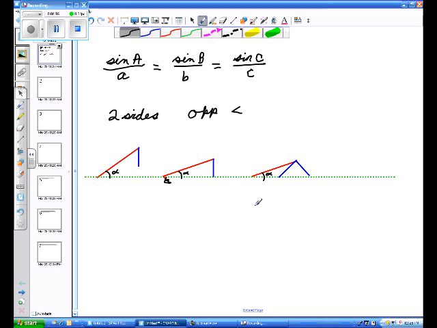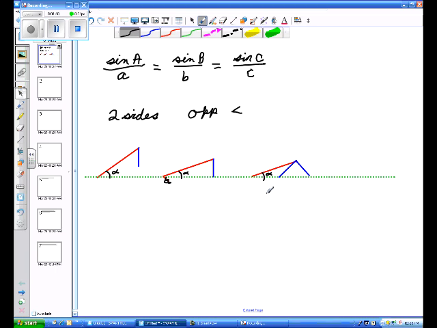Now, if you'll look in your book, most of the time they give you a table of how the sides relate, where if the side opposite the angle is shorter than the other side, or if it's longer, or if the height of the triangle, and where you can know how many triangles you have. I've always found that to be fairly confusing, and many times you have to solve for one of the sides. What I like to do is to assume that there's going to be two triangles.